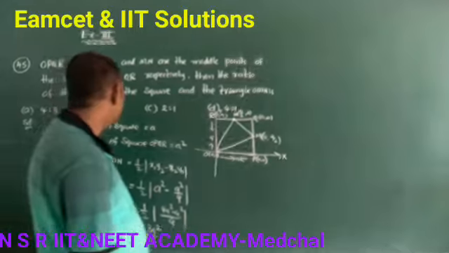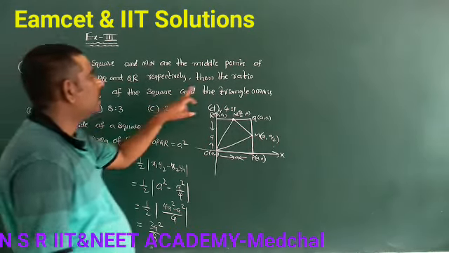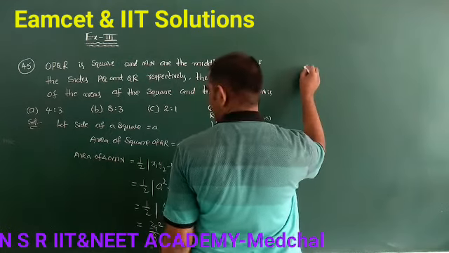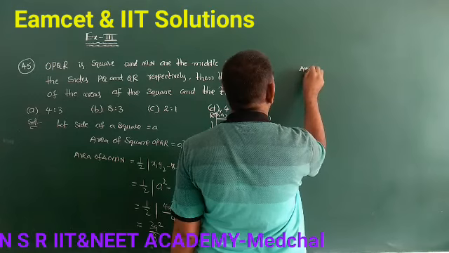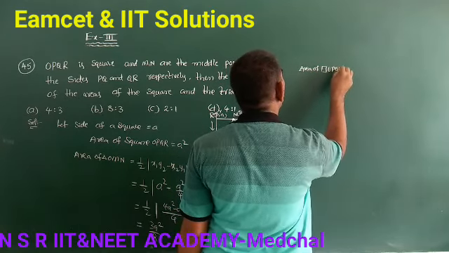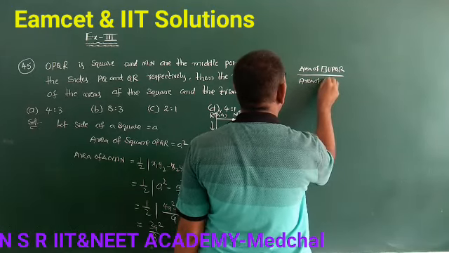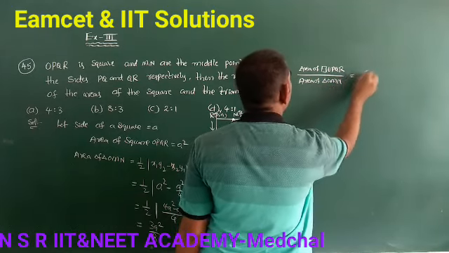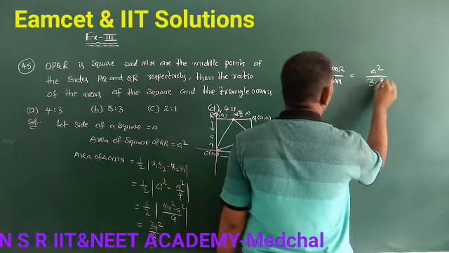Now find the ratio of the areas of the square and the triangle. So the area of square OPQR by the area of triangle OMN: A square by 3A square by 8.